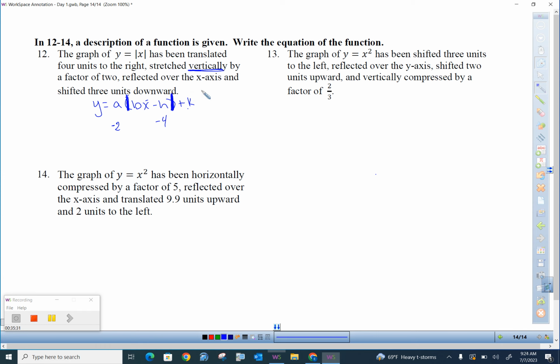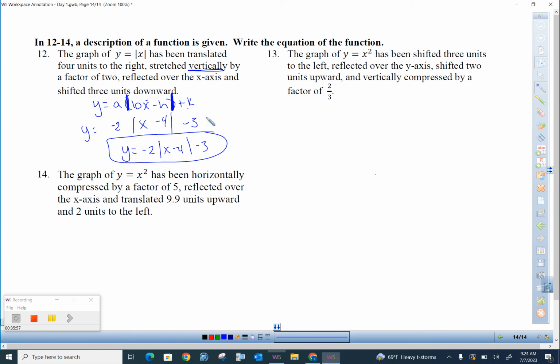And shifted 3 units downward, that's a -3 here. And then we can just bring down our grouping symbols and our y equals. Notice I didn't bring down b because they didn't say anything about horizontal, and they didn't say anything about reflection of the y-axis. So my final equation, -2 times the absolute value of x minus 4, and then -3.